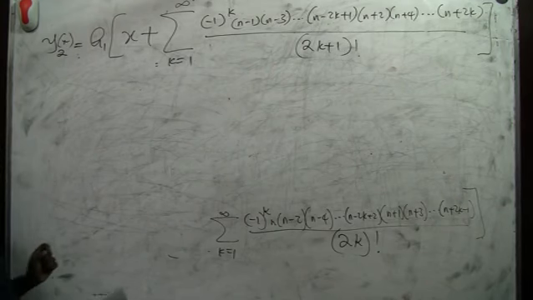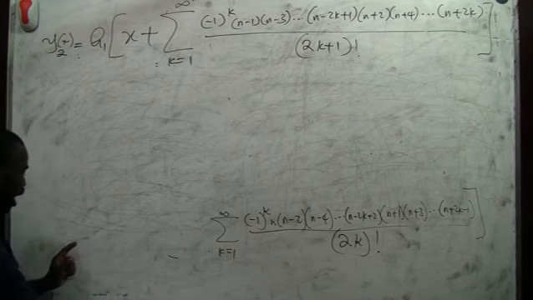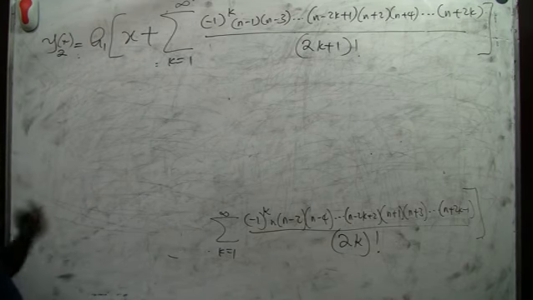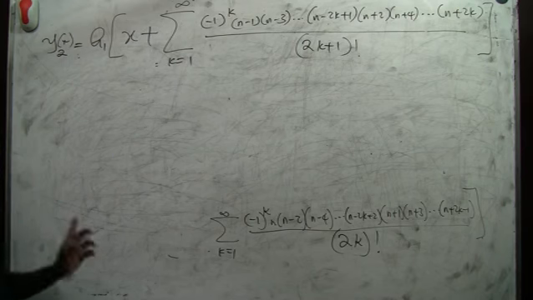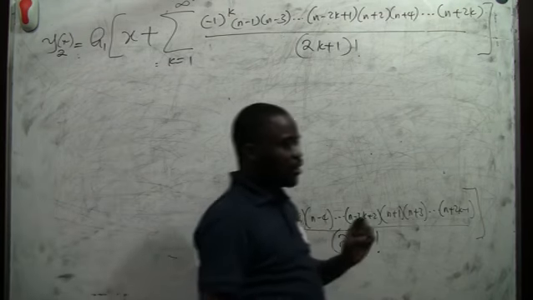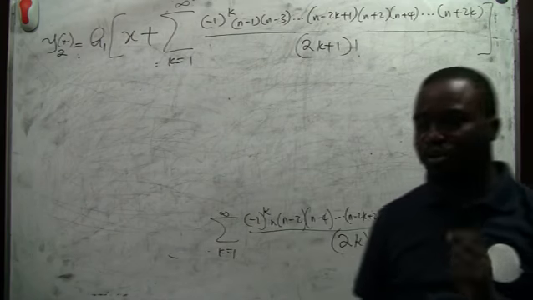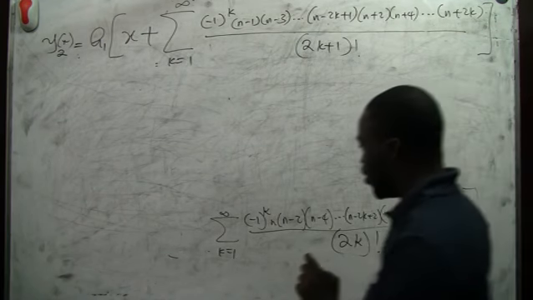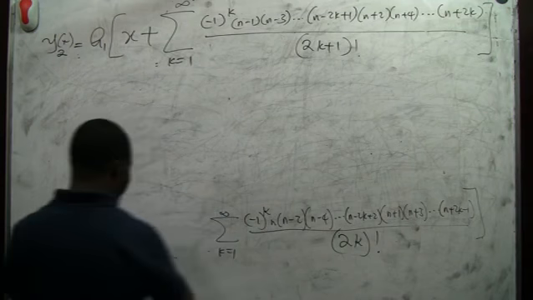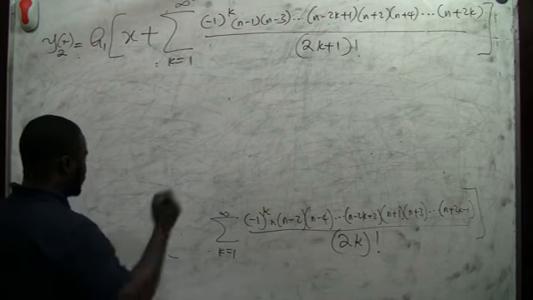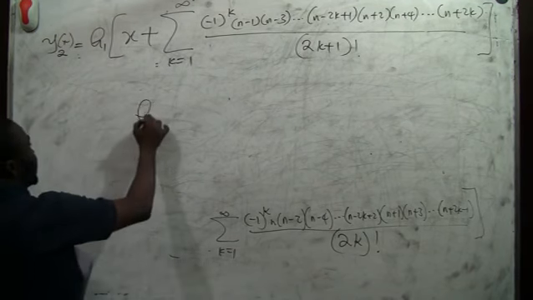Now, observe that initially I consider my y1 to be Pn of x, later I cancel it out. Why? Because the definition of the Legendre polynomial must take care of the constants a0 and a1, those two arbitrary constants.